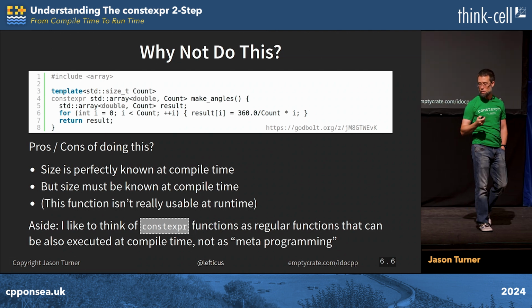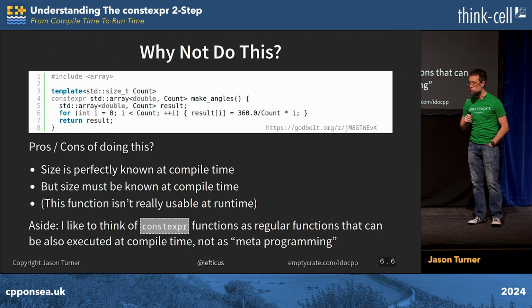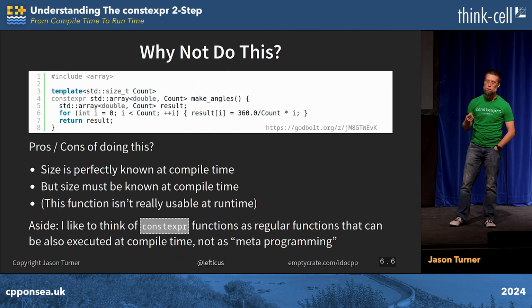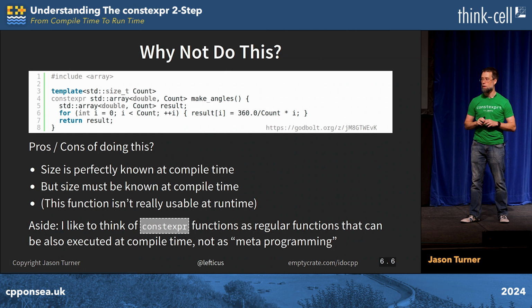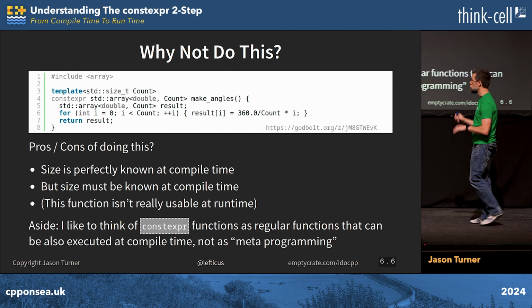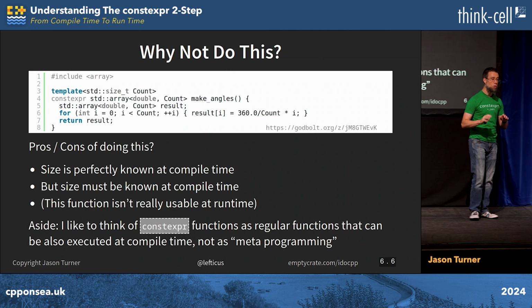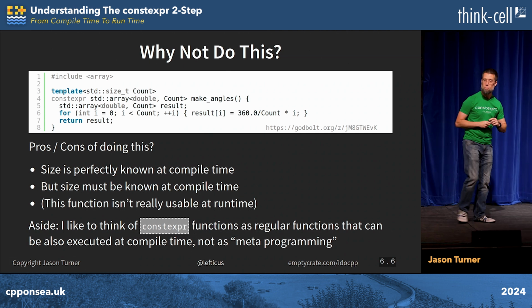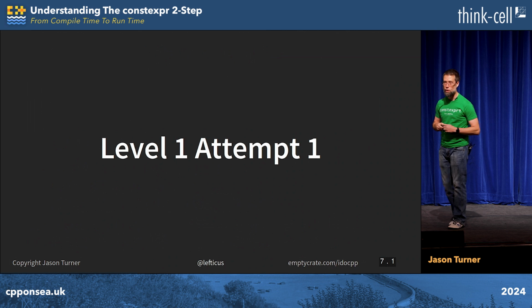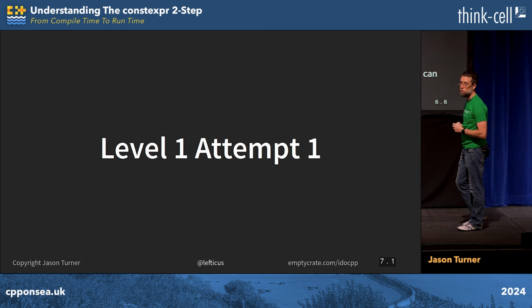But note that I don't like applying the term metaprogramming to constexpr. Constexpr functions are just normal functions that you can also coincidentally happen to be able to execute at compile time. That's how I want to think about constexpr.